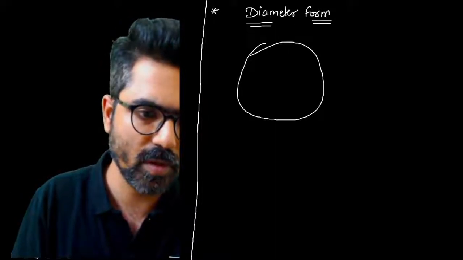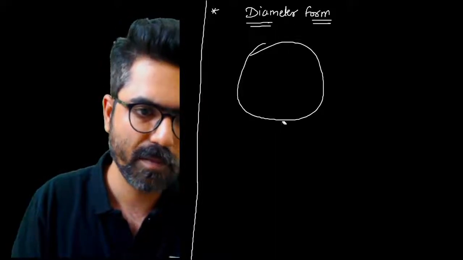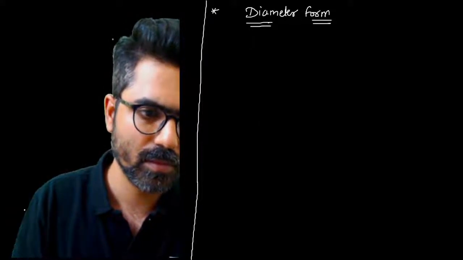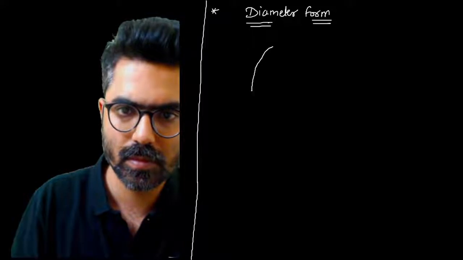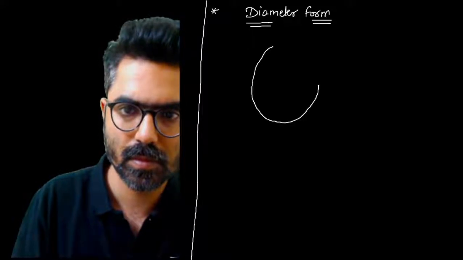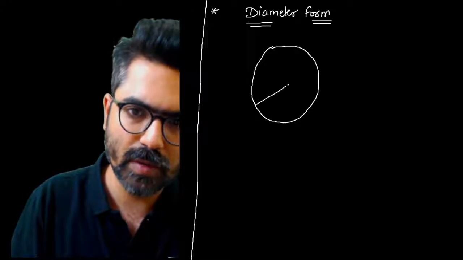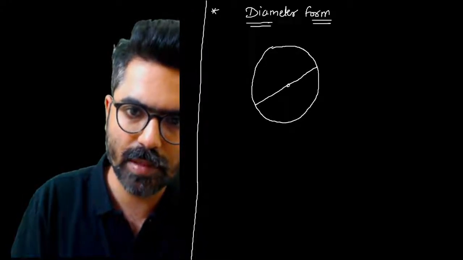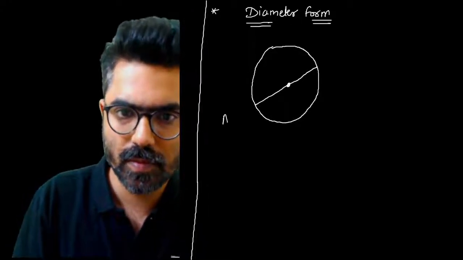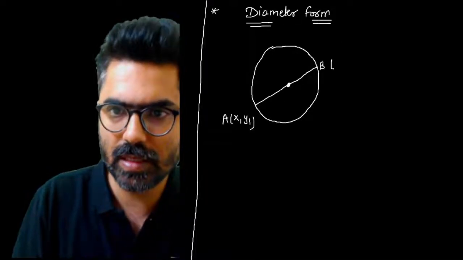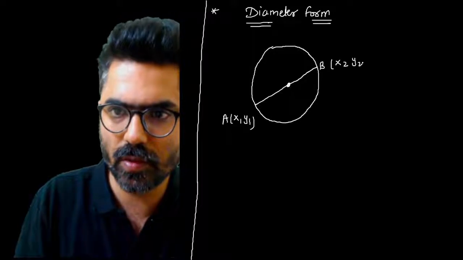Just a minute. Let me draw this again. Now the end points of diameter will be given to us. Let's say this is a diameter passing through this. So A is x1, y1, and let's say B is x2, y2.